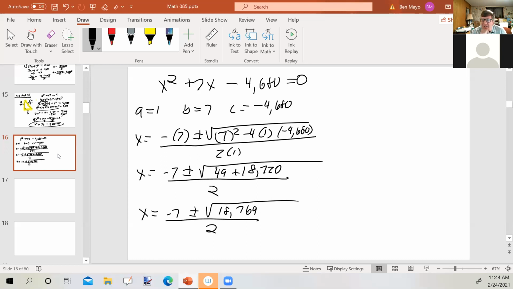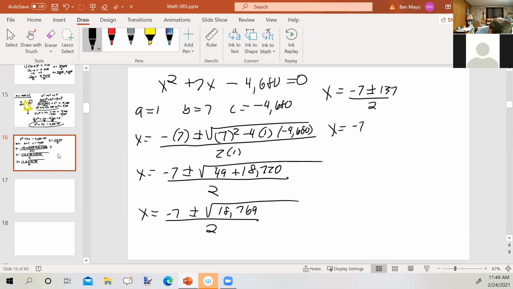Now, the directions didn't say anything about approximating, so that tends to tell me that the square root of 18,769 is going to be a nice number, and it is. X equals negative 7 plus or minus 137 over 2.